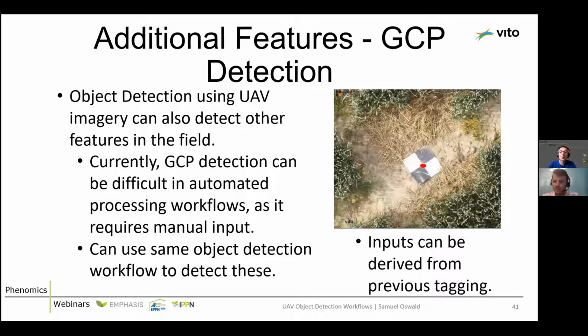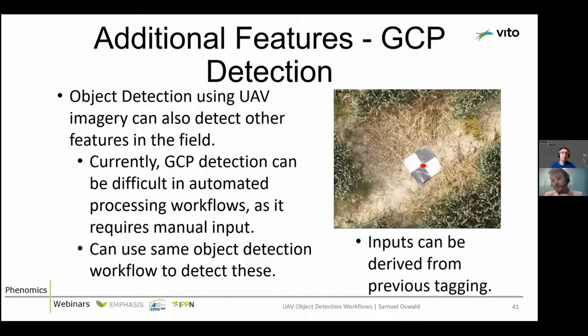And there can be, for object detection, other useful features, such as if you are performing multiple flights over a trial field, getting your GCPs tagged is an important step. In the case of the MAPEO workflow, it's currently the only manual step, but we're working to automate this as well, which is of course possible with an object detection and AI selection algorithm.